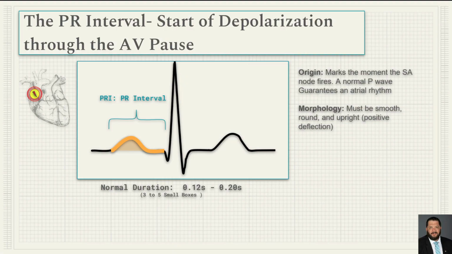Your normal duration for your PR interval is 0.12 seconds to 0.20 seconds, or 3 to 5 small boxes. Again, remember that your P wave should be smooth, round, and upright, and there should be a period of inactivity between your P wave and your next complex, the QRS complex.